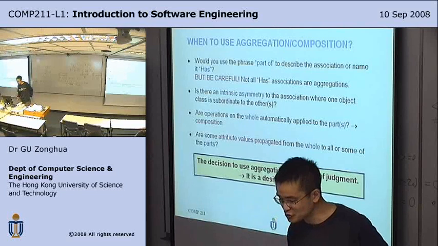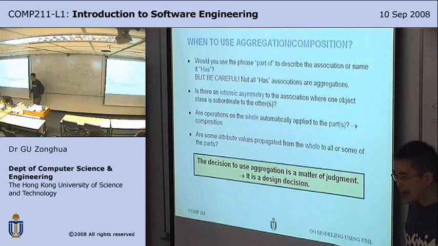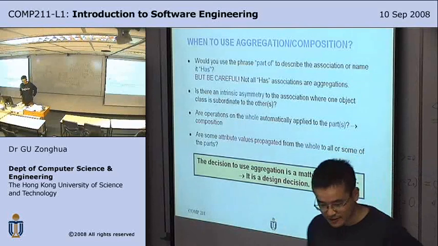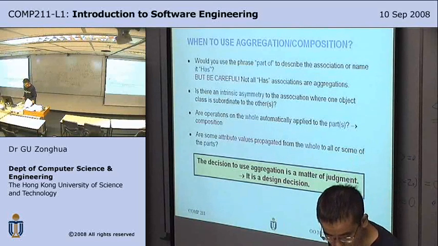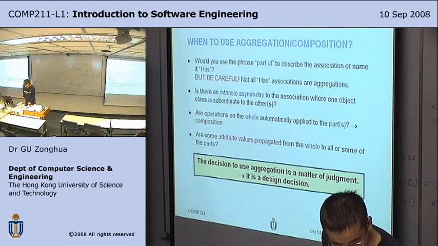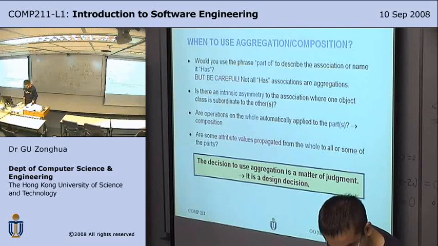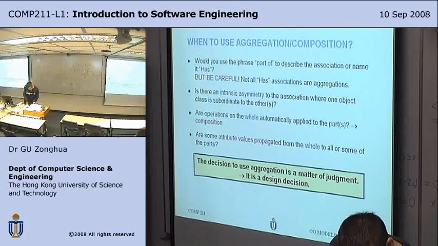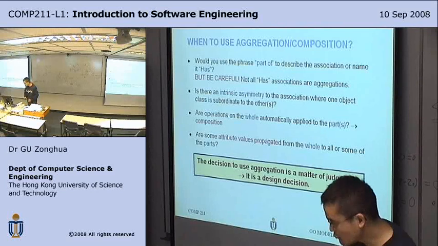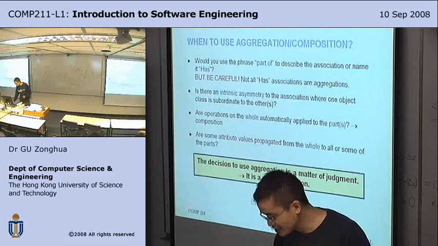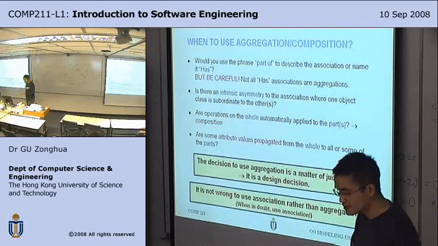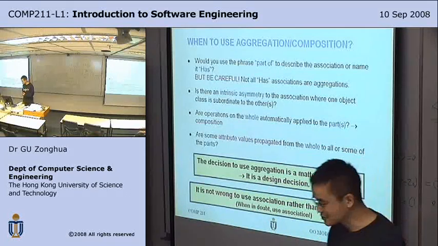So the decision to use aggregation is a matter of judgment. That is, it's a design decision. So when in doubt, always use association rather than aggregation or composition.